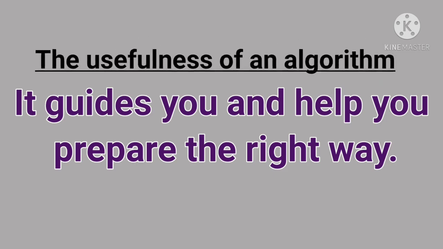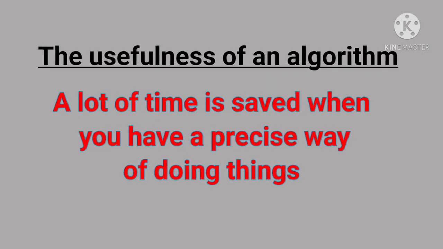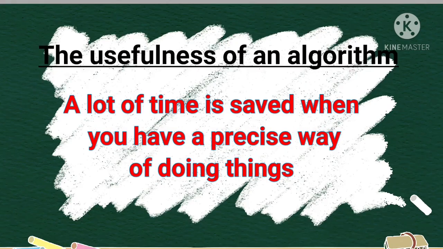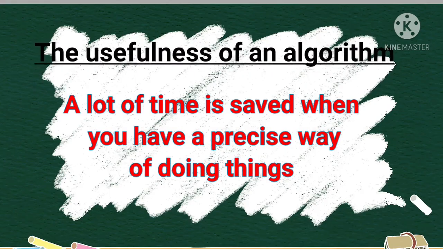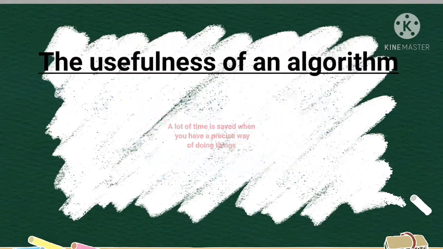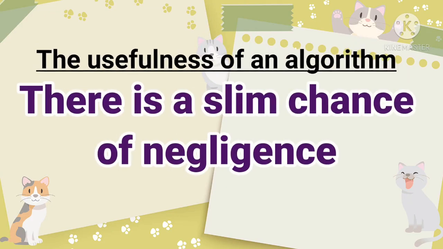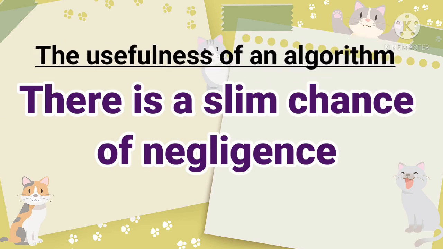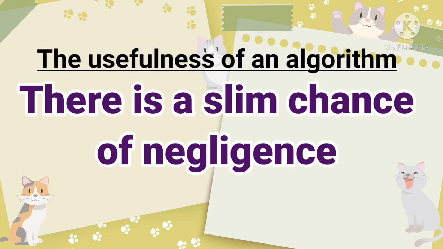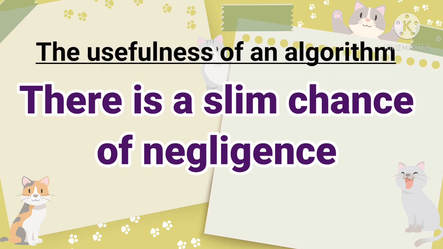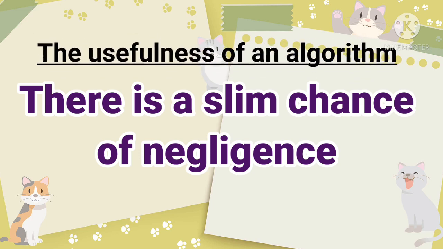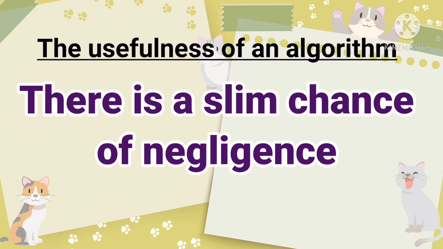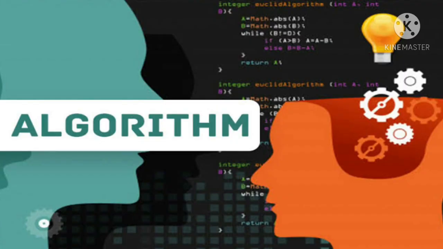So, if you have a precise way of doing things, it helps you save a lot of time. Also, there is a slim chance of negligence. If you have a planned out schedule, you become more responsible and then you are more organized. So these are the usefulness of having an algorithm.